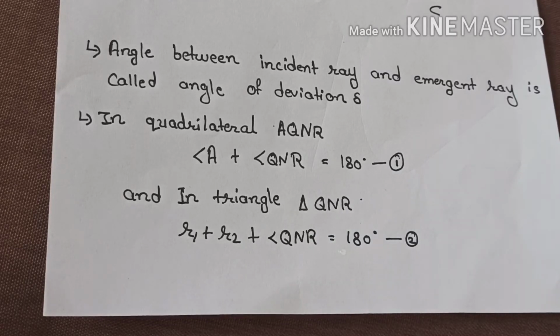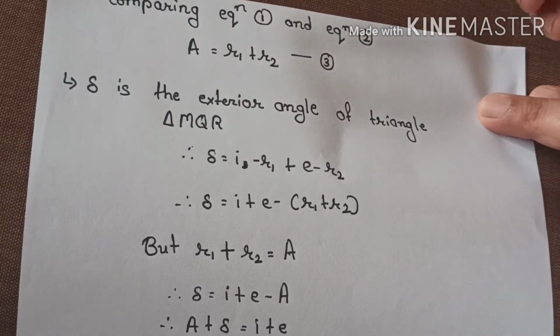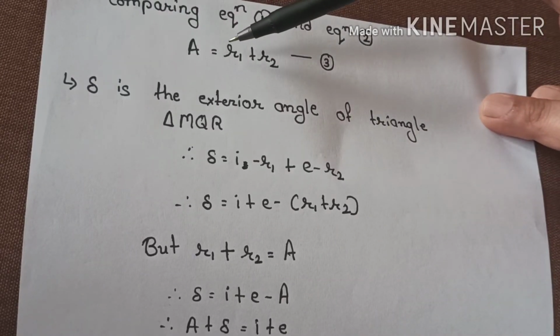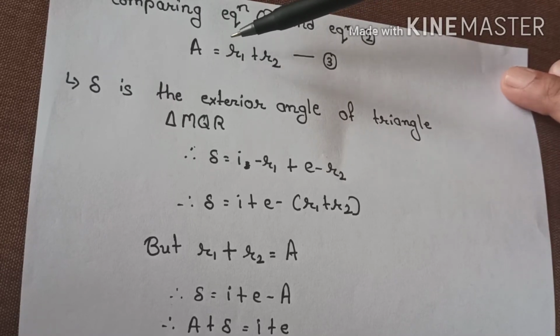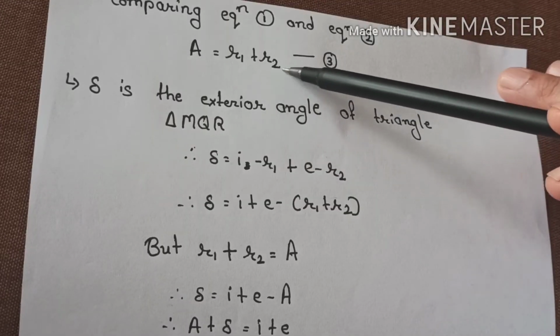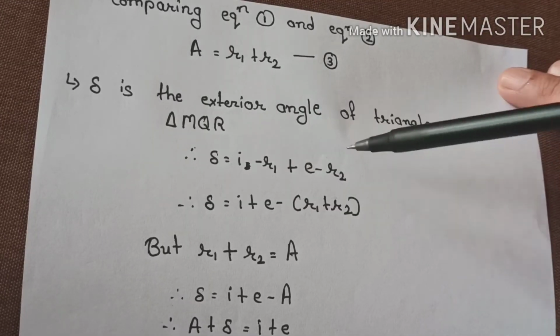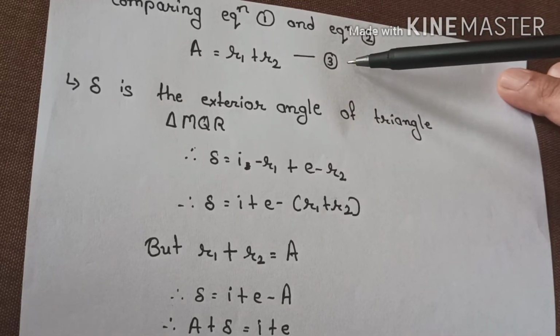Here, with these two expressions, equations 1 and 2 have the same right hand side, that is 180. So you can compare. With that comparison, A is equal to R1 plus R2. Keep this expression in your mind, this is quite useful.